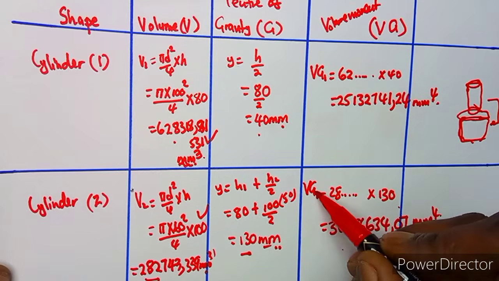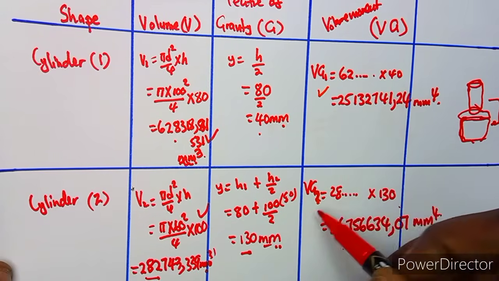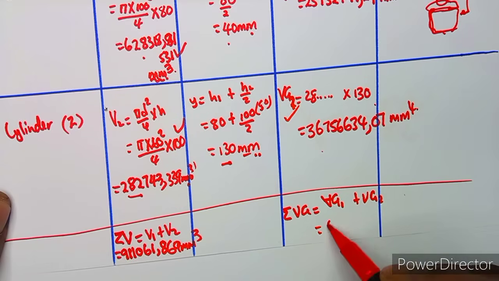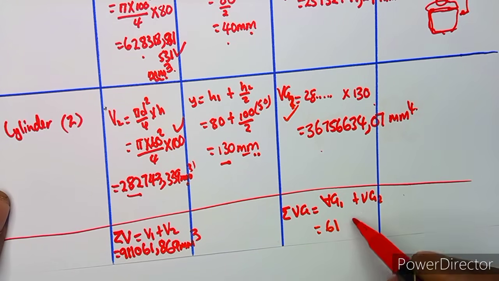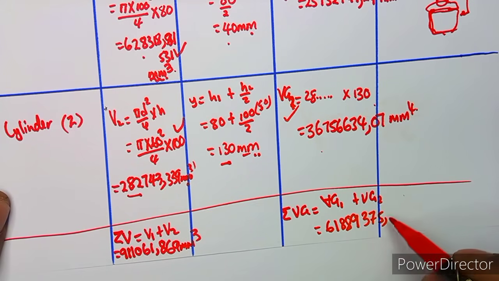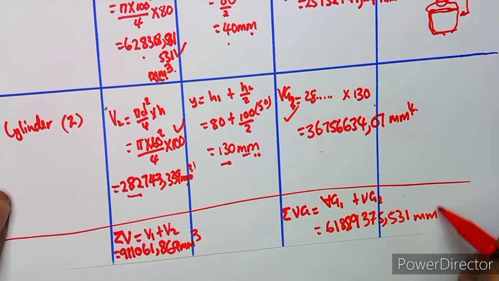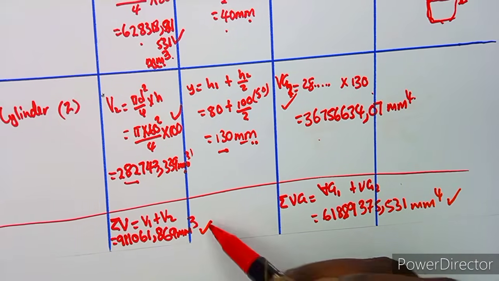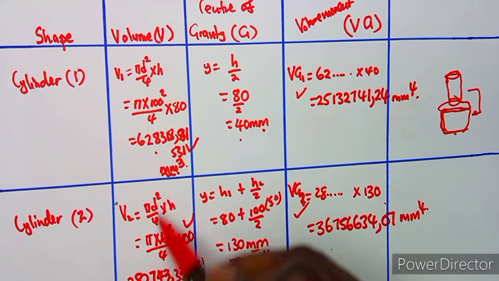So you add this 1 and this 2 together. If you add these values, that will be 61889.375531 if I'm not mistaken, but that is what you're going to have, guys. So this is your total volume moment, and this is your total volume.